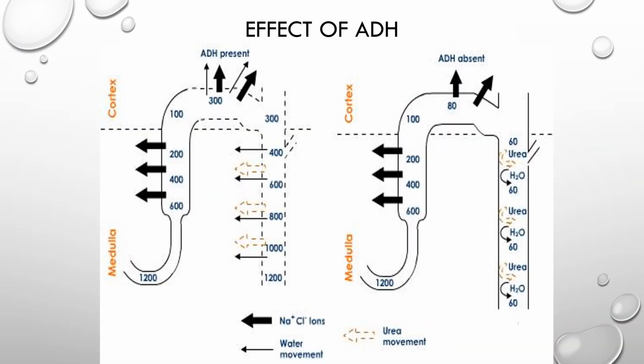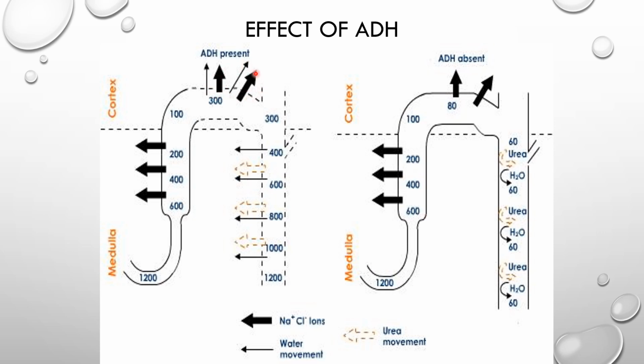So this is the difference between the presence and absence of the antidiuretic hormone. See the effect of the vasopressin. When there is the presence of the antidiuretic hormone, more solutes get out of the thick ascending limb, and it also acts on the distal tubule.